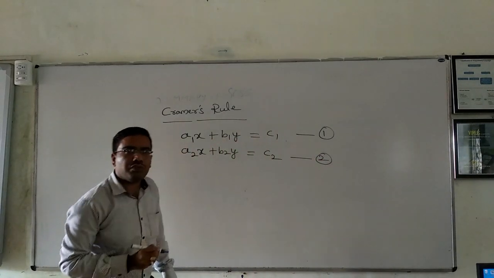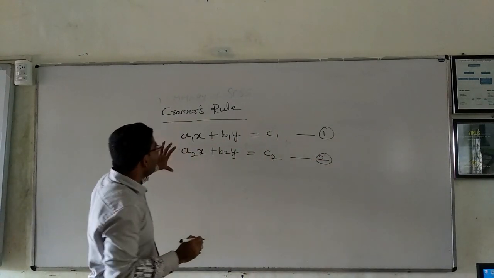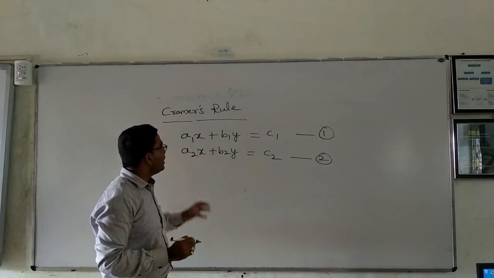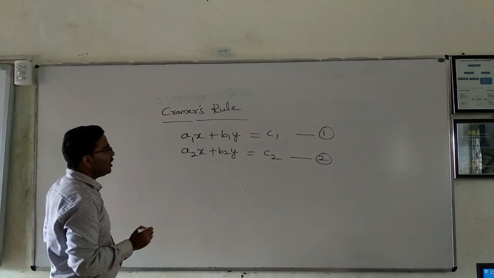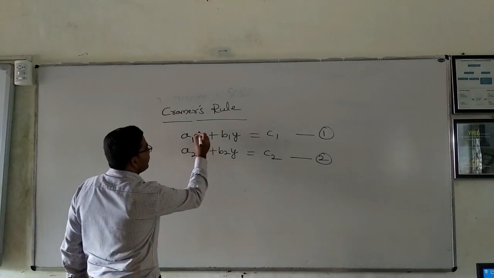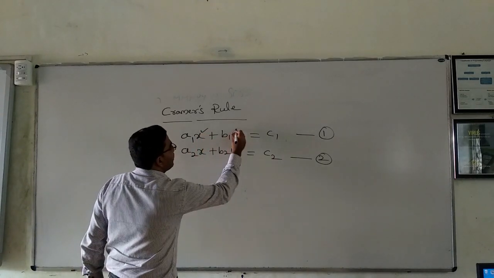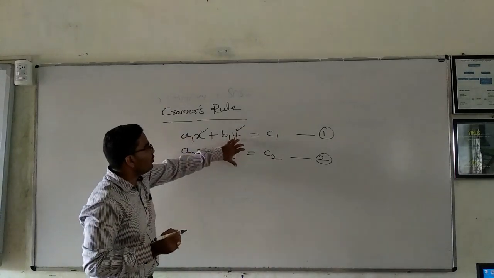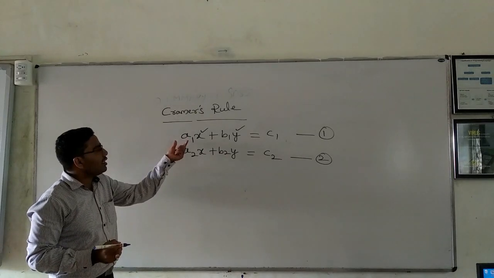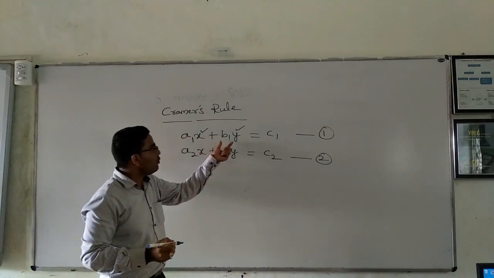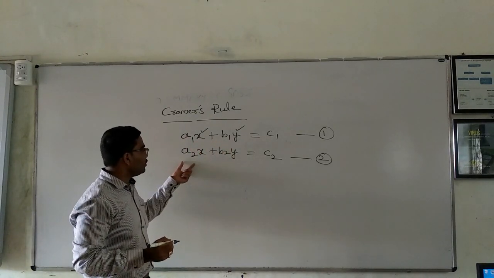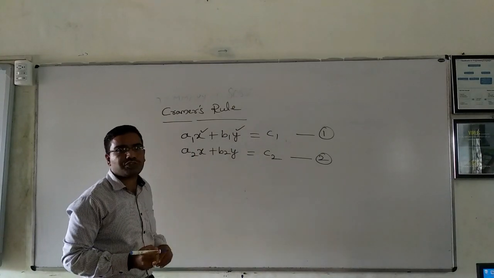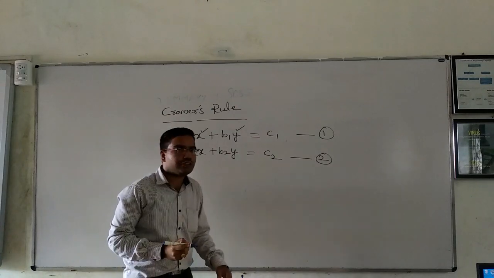With the help of Cramer's rule, we can find out the unknown values. Here the unknown values are x and y. Then a1, b1, a2, b2 are the coefficients of the linear equations.